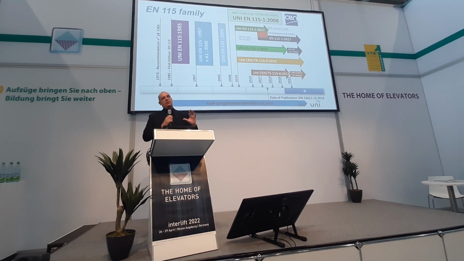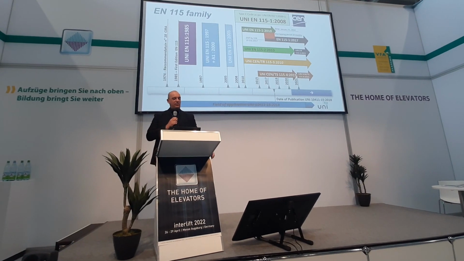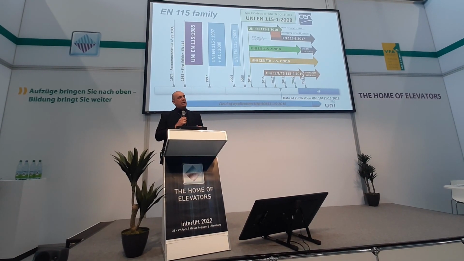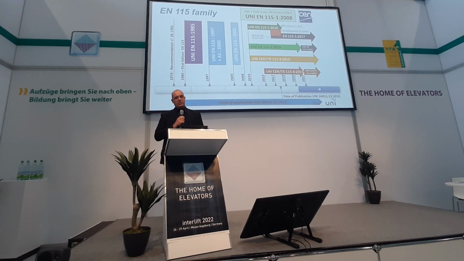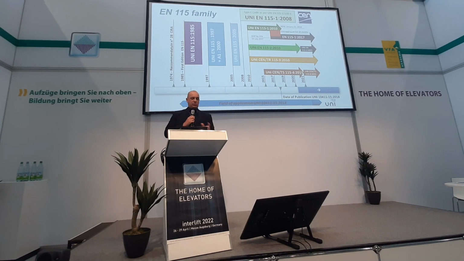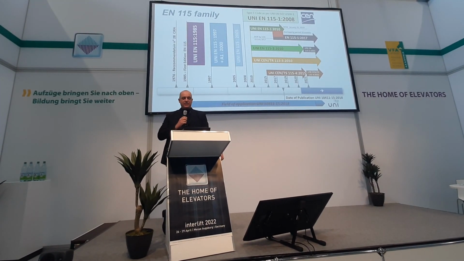So just this kind of 70 types of risk. UNI 10411-1 is, on the contrary, giving a kind of philosophy how to tackle different modernization to existing escalators independently of the risk. So a general approach.